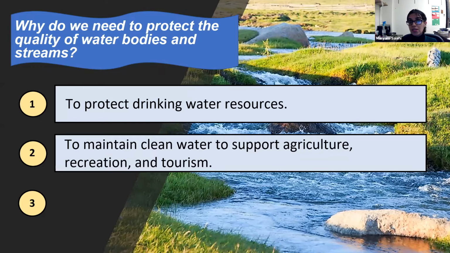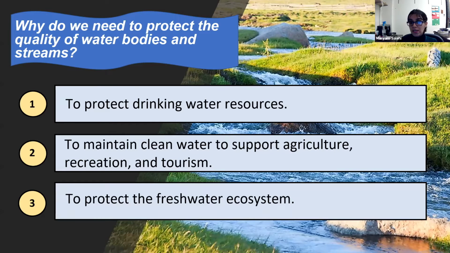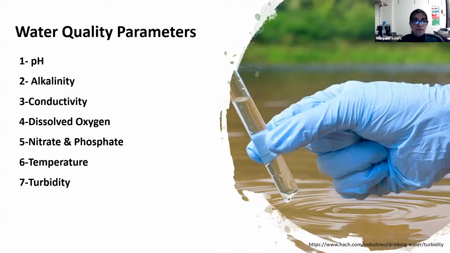So we need to protect our fresh water to support the other activities that rely on it. We also need to protect our water because lots of organisms and animals are living in the fresh water, and we need to protect the ecosystem for those.